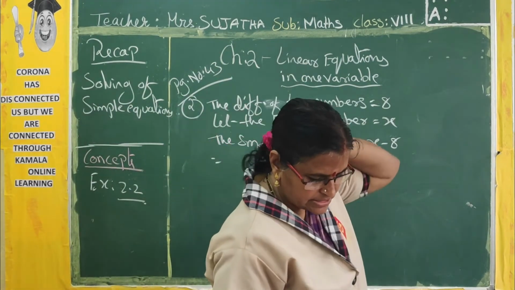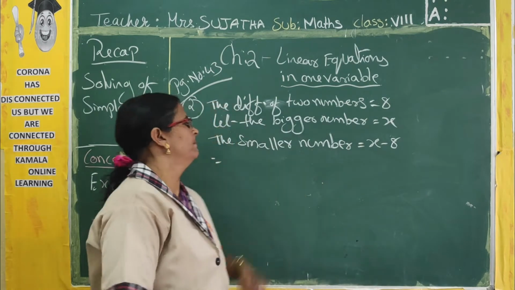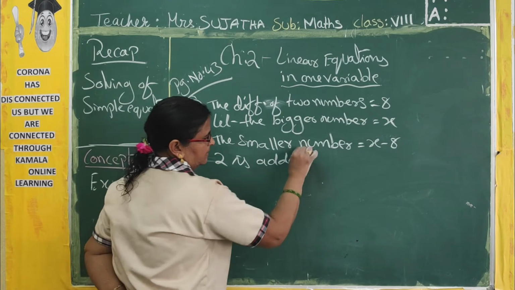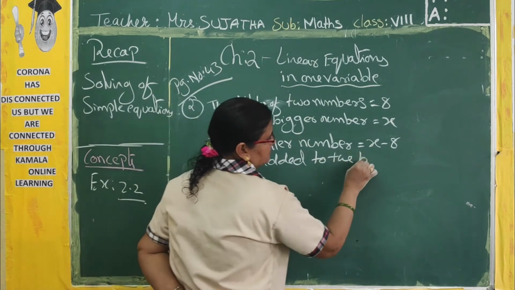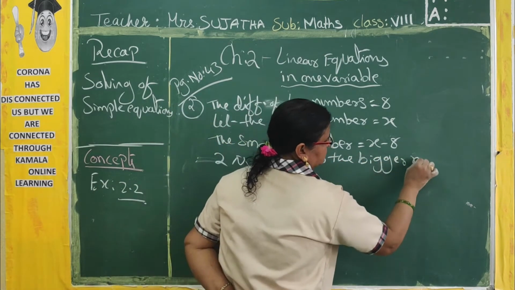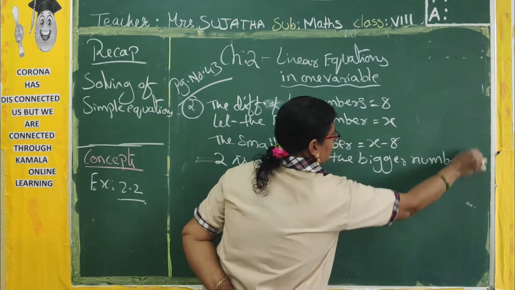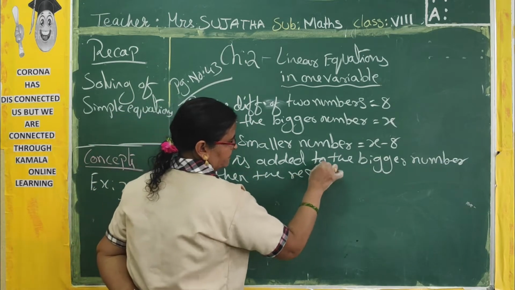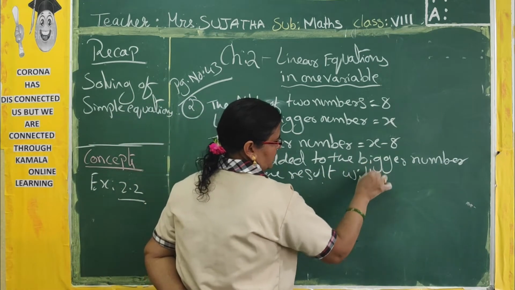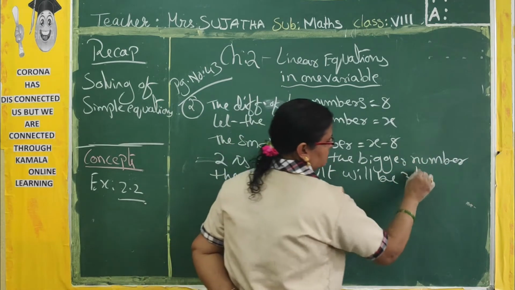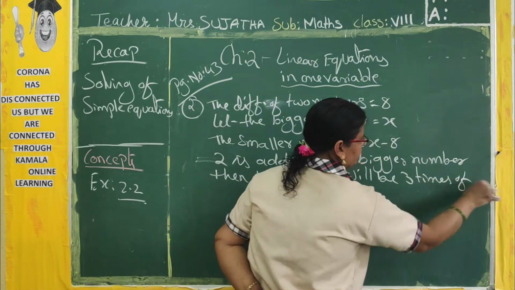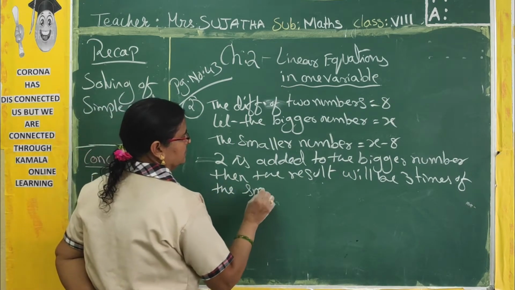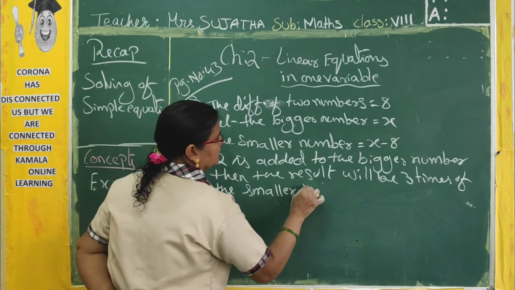Now, one more statement is there. What is that? 2 is added to the bigger number, then the result will be 3 times of the smaller number.